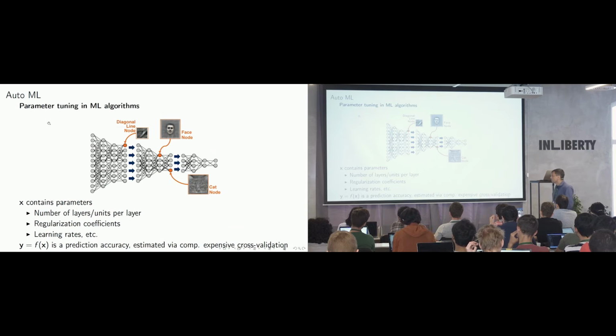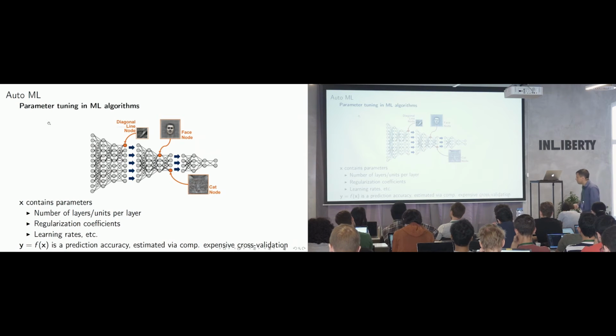And that neural network is defined by a set of hyperparameters, like number of layers, regularization coefficients, learning rates, etc. So X, although X in this case isn't very high dimensional, it contains maybe tens of parameters.